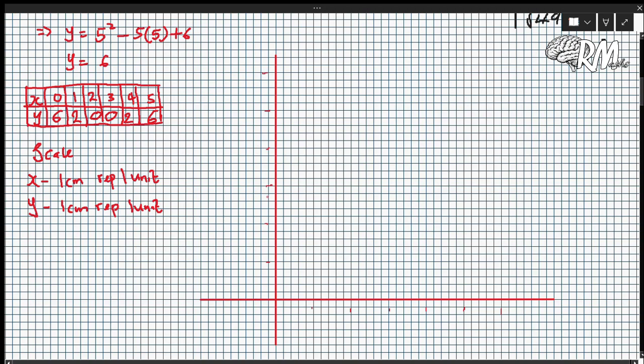Now we're going to number our graph. Remember, this is the x-axis, and up here is the y-axis. So at the x-axis we have our 1 here, followed by 2, 3, 4, 5, followed by 6. Now at the y-axis we also have 1, followed by 2, 3, 4, 5, and followed by 6.